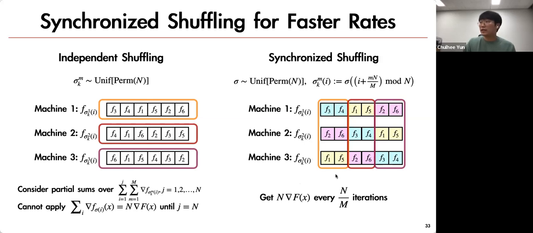This allows us to apply the permutation identity and get the full gradient. And we can get this full gradient every n over m iterations. The fact that we get this full gradient multiple times during an epoch allows us to further speed up the algorithm.